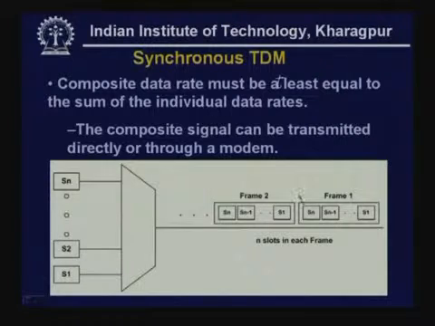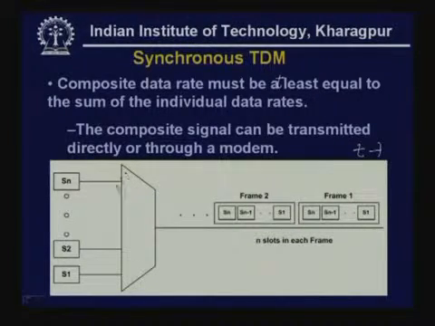So, here what is done is some kind of framing. As you can see, the interleaving is done, and here we have received a part of data from source 1 in time. Then the data from source 2, then data from source 3, in this way data from source n.